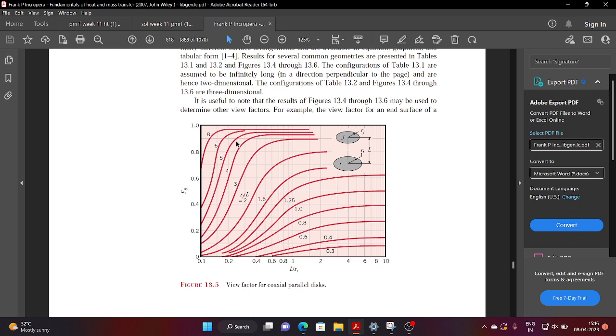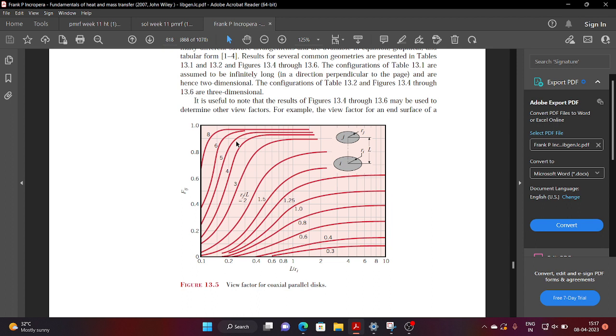In case you don't have any input about the shape factor, you can use either this empirical correlation or the graphs. In case you are given one or two shape factors, or there is a symmetry or some assumption in the problem, or you can use the reciprocity theorem and so on, then you may use a few analytical solutions to find the shape factor.